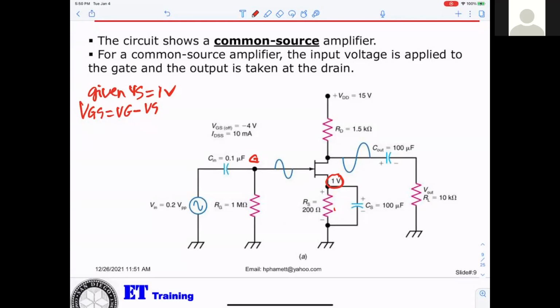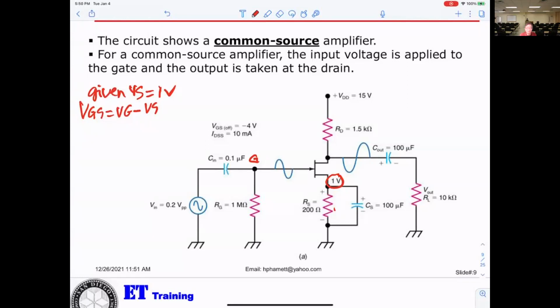I'm taking a wild guess, 0? No. Okay, if I want to measure VG, I give you the meter, positive to the gate and the black lead to ground.